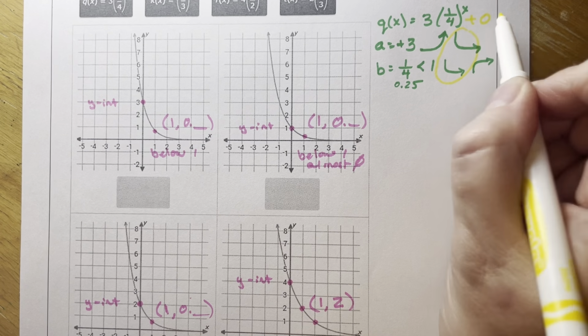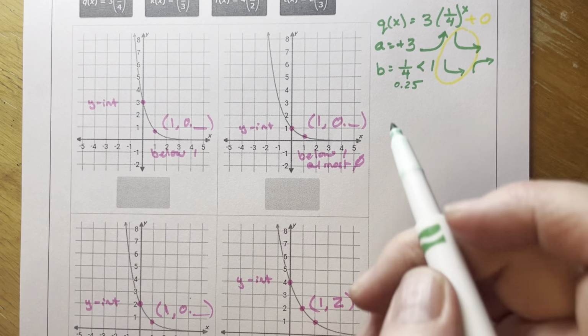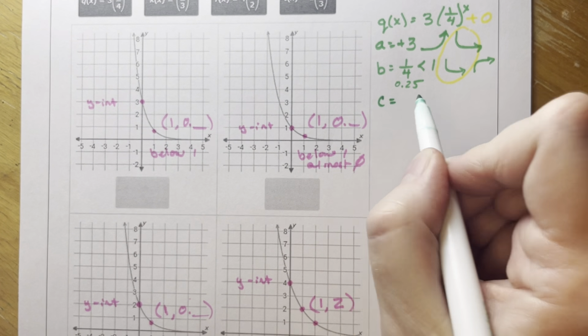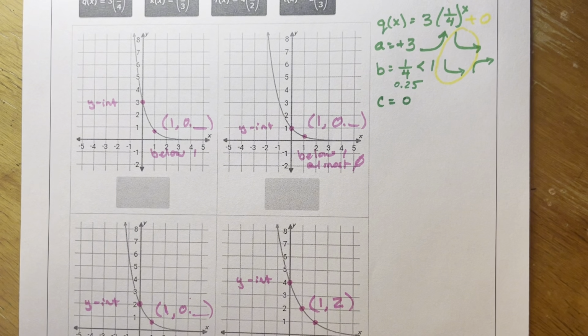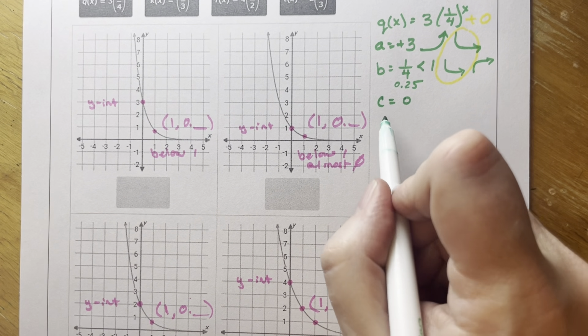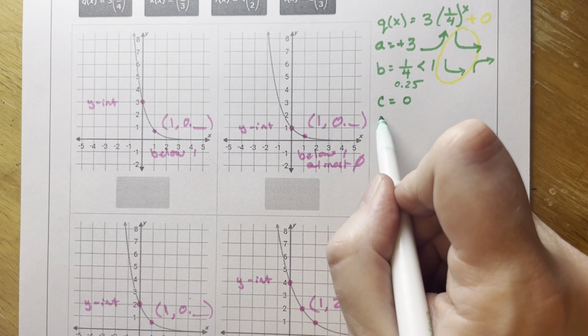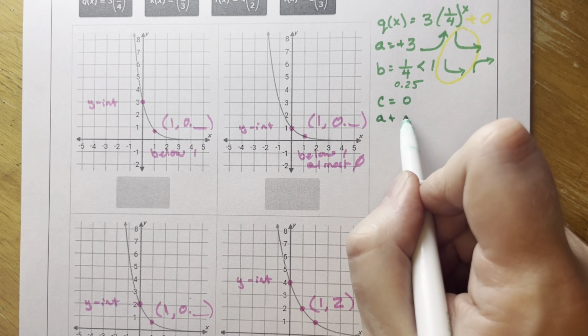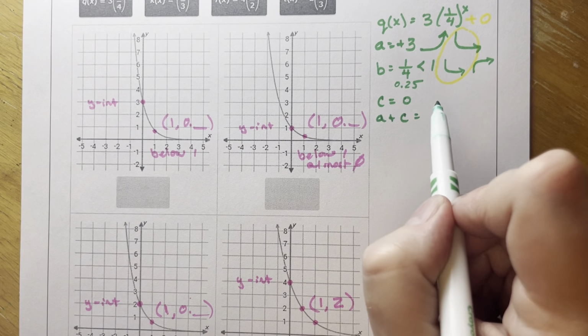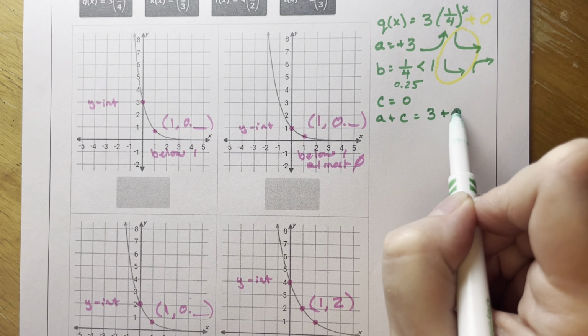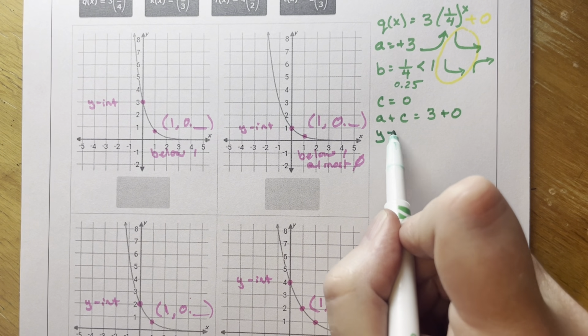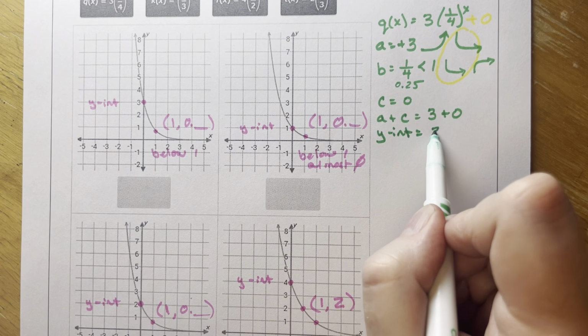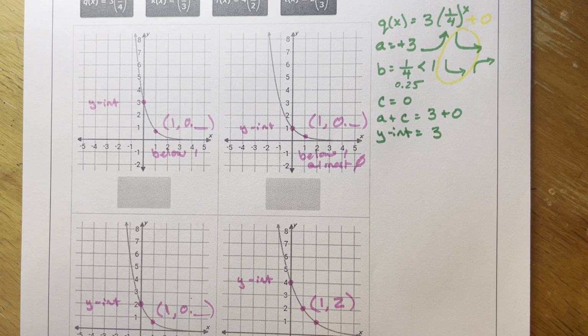So C is not visible, so we know that we have not added or subtracted any specific value. C is 0. And now let's go find our y-intercept from A plus C. So with A equaling 3 and C equaling 0, that tells us our y-intercept is equal to 3.